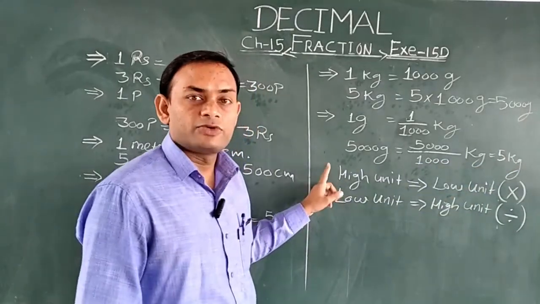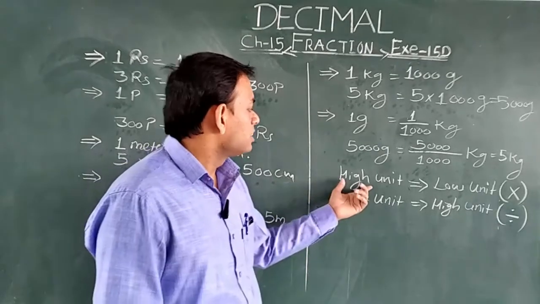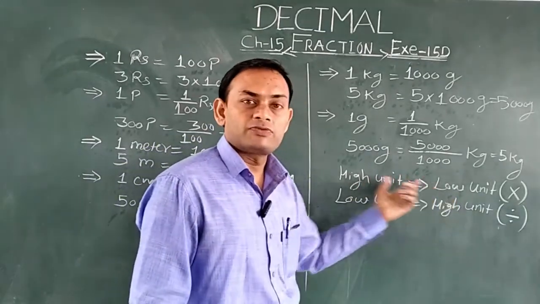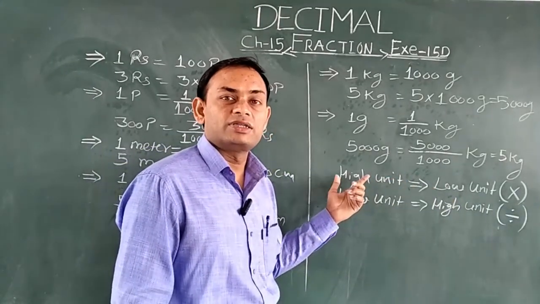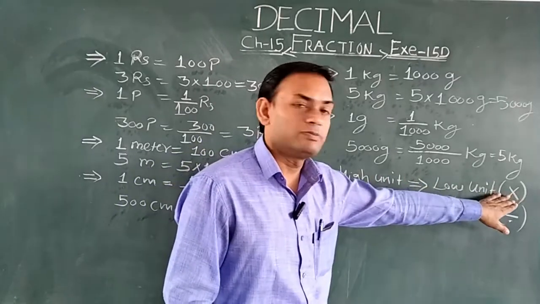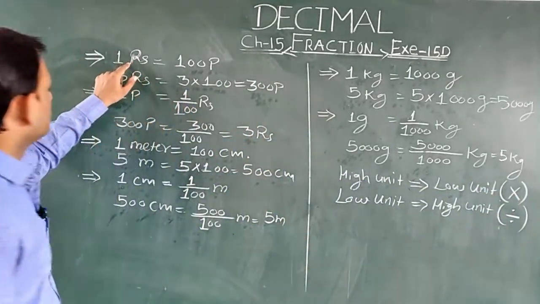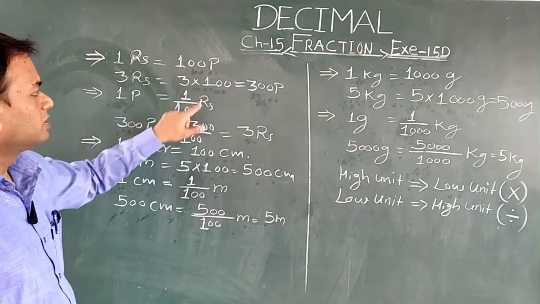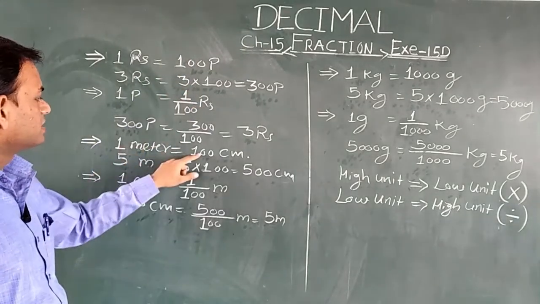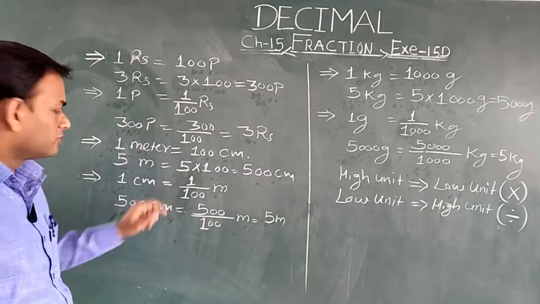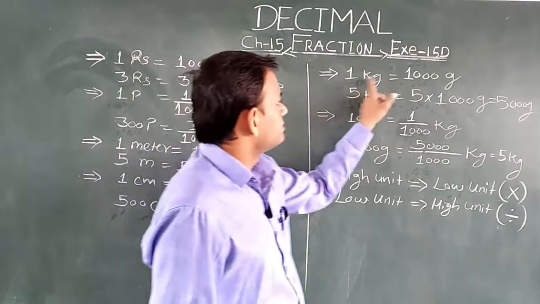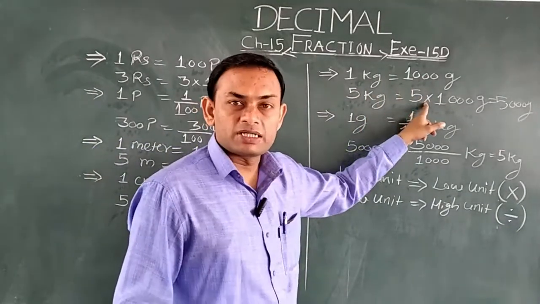One more important thing to keep in mind: whenever you change a high unit, a greater unit, to a low unit, you multiply. Rupees to paisa, high to low, multiply. Meter to centimeter, high to low, multiply. Kilogram to gram, high to low, multiply.